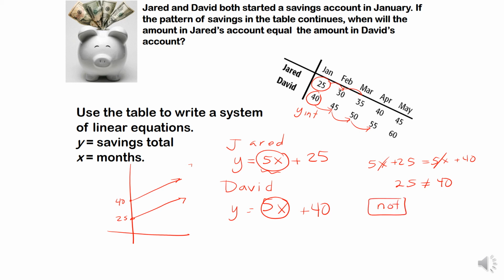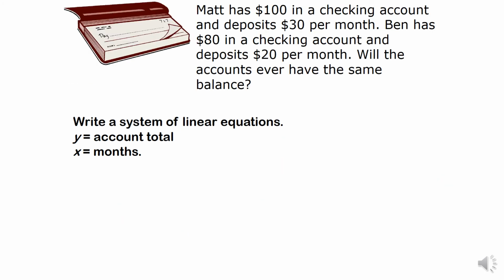Okay, so let's look at 2 more guys. We have Matt and Ben. Matt's equation: he starts with $100 and he's depositing $30 per month. Ben starts with $80 and he has $20 per month.